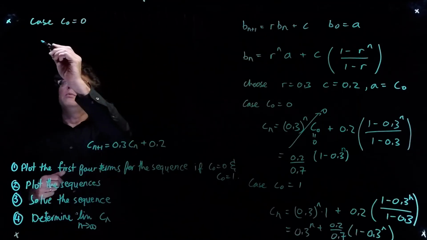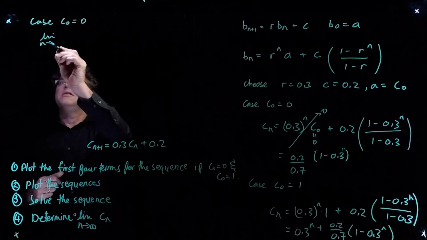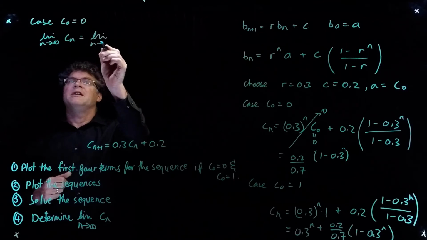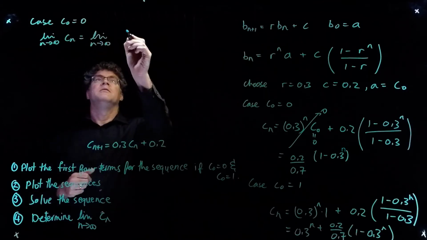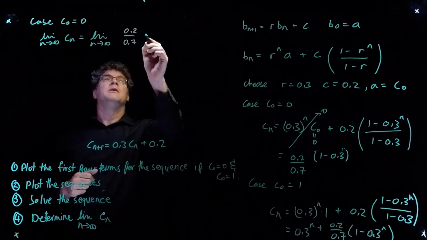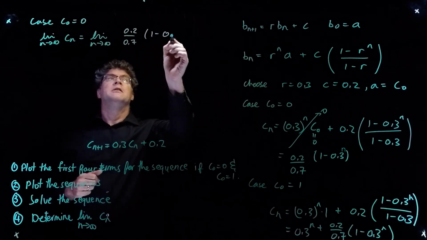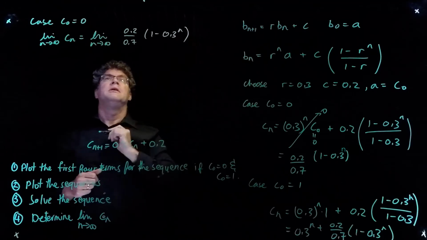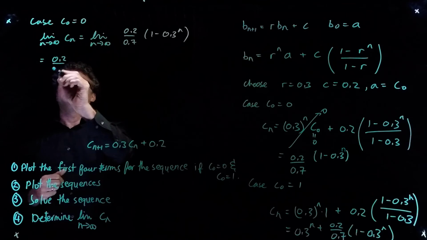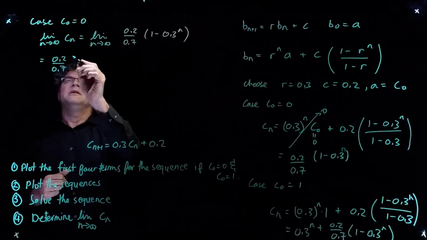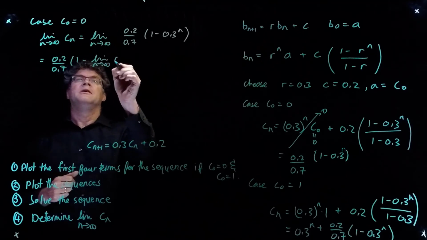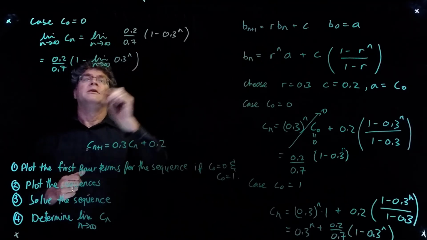Then the limit as n goes to infinity of C_n will be the limit of 0.2 over 0.7 times (1 - 0.3^n), and that's equal to 0.2 over 0.7 times 1 minus the limit as n goes to infinity of 0.3^n.